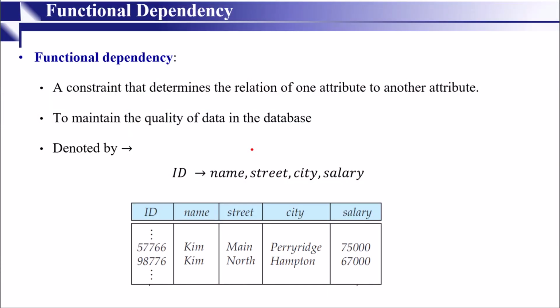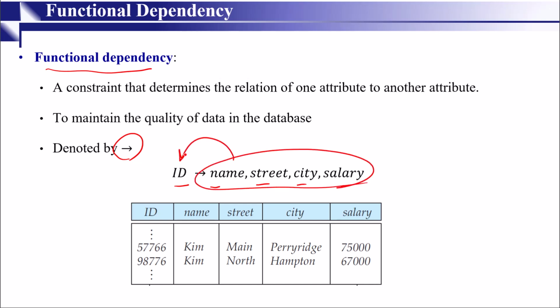Next, we introduce functional dependency. This is a kind of constraint that defines how one attribute determines another. We denote this by an arrow, for example, we say ID determines name, street, city, and salary. This means these data are dependent on this ID. Dependency means an inclusive representation. So for example, we may have many Kims, but when we have this ID, it is designated for this one, right?